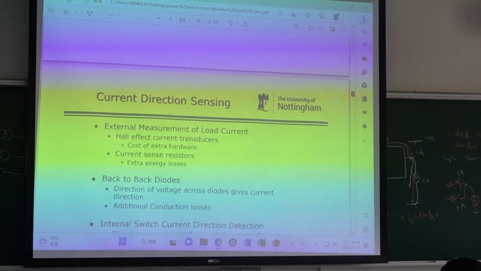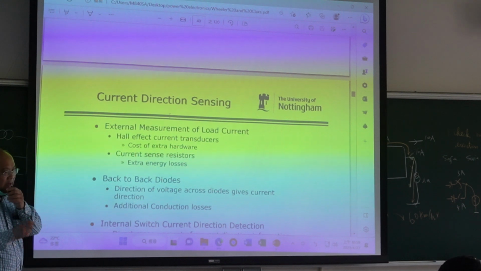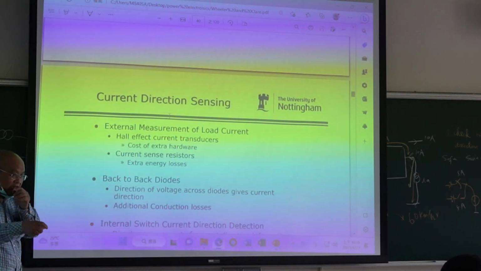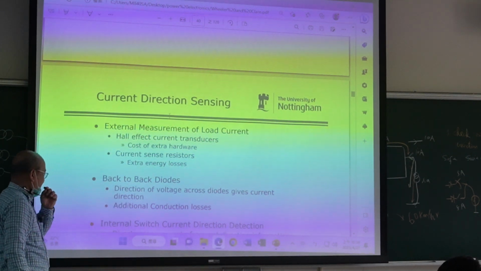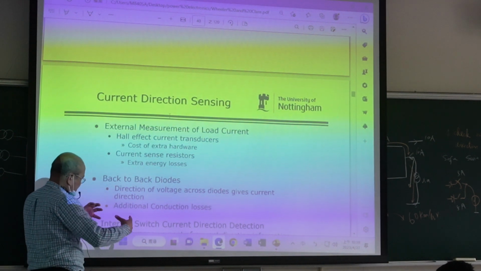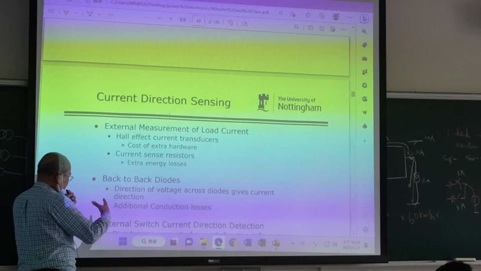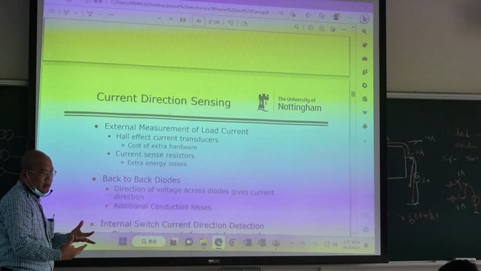We don't need a current sensor. We can use a diode. We can measure the diode voltage. Then we know the current. So you can use back-to-back diodes. Or you can design an IC. You use the IC to learn the switch current.